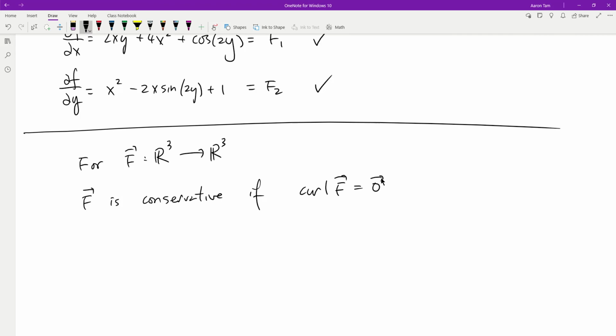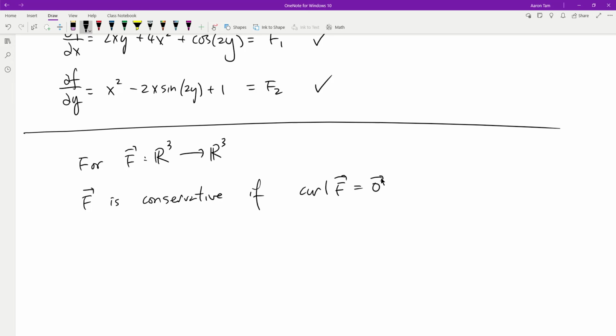And notice that that makes sense, because the consistency condition for a function mapping from R2 to R2 is basically the scalar curl equal to 0. So now that you have a function mapping from R3 to R3, it makes sense that we have to take the entire curl and set it equal to 0.